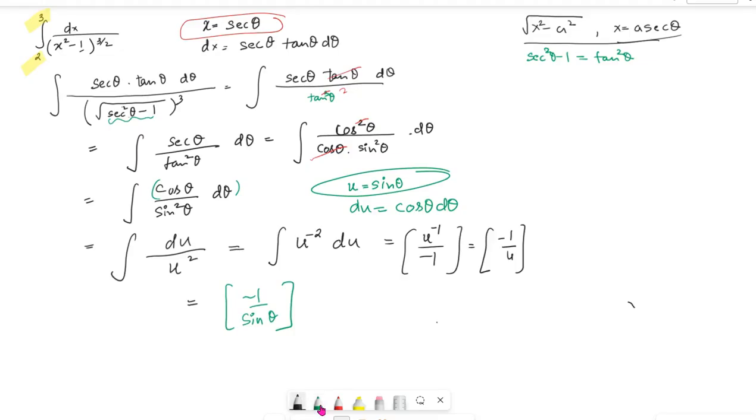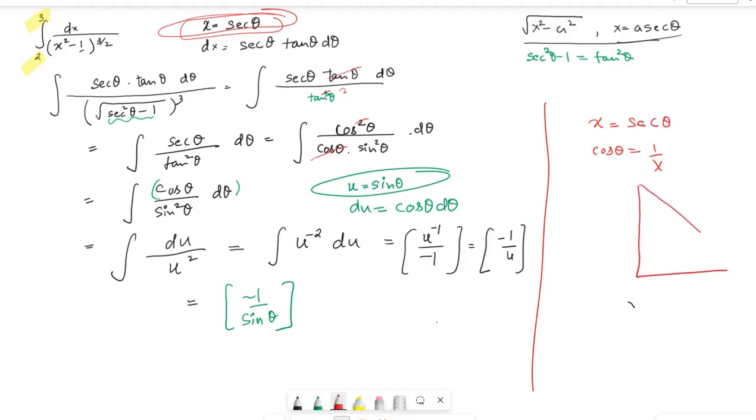Now, the answer is still not in x terms, it's in sine theta terms. So let's work out our substitution. We said x is equal to secant theta. That means cosine theta is 1 by x. If I want to see this in the right angle triangle strategy with angle theta, cosine theta is adjacent over hypotenuse. So adjacent is 1 and hypotenuse is x.